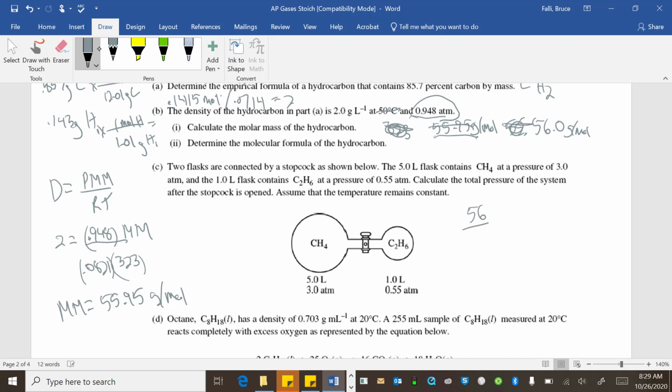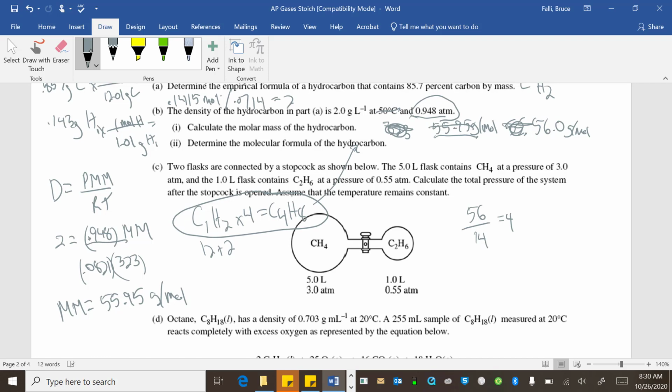So 56 divided by the empirical formula mass, remember, carbon is 1, hydrogen is 2, 12 plus 2 is 14. 56 divided by 14 gives me 4. So I'm going to multiply C1H2 times 4 and get C4H8. There's my molecular formula.